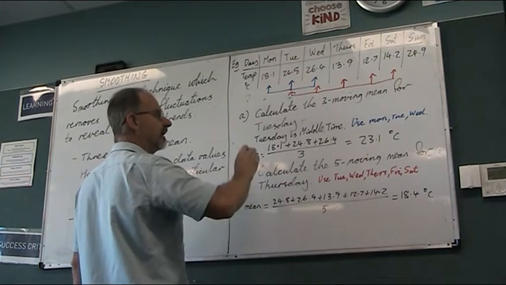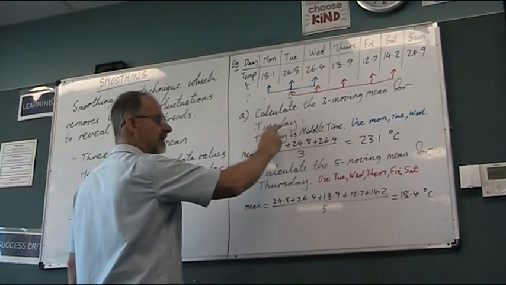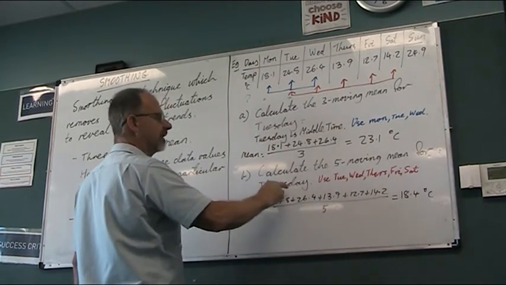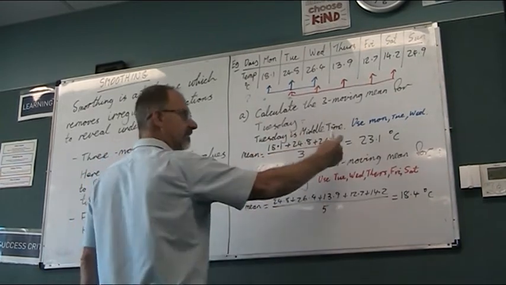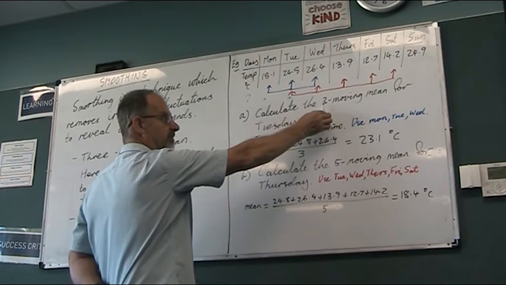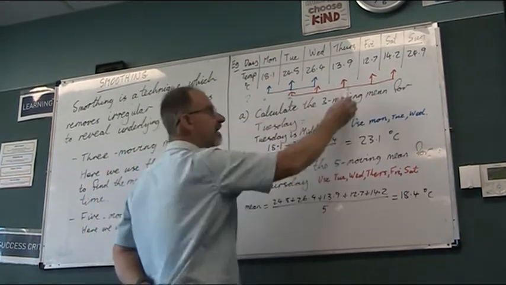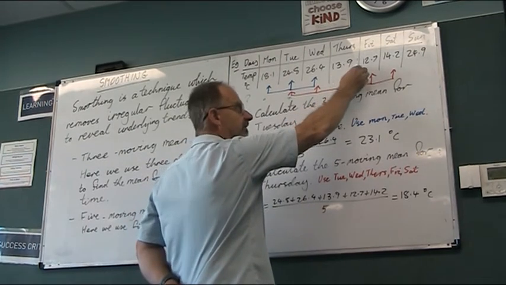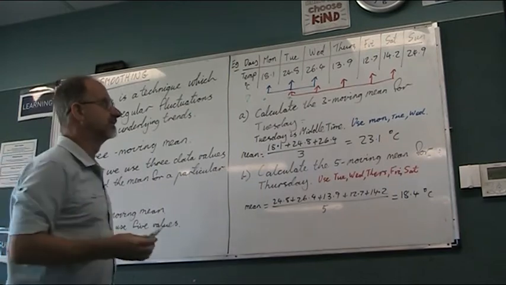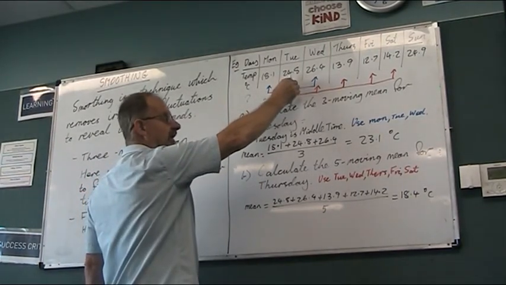So if you are specifically asked for a moving mean on a particular day or time, then the middle value has to be that day. So a 3 moving mean for Tuesday, Tuesday's the middle value. Thursday's the middle value, 2 either side. So there's some things that you can't do. For Tuesday you wouldn't be able to do a 5 moving mean.